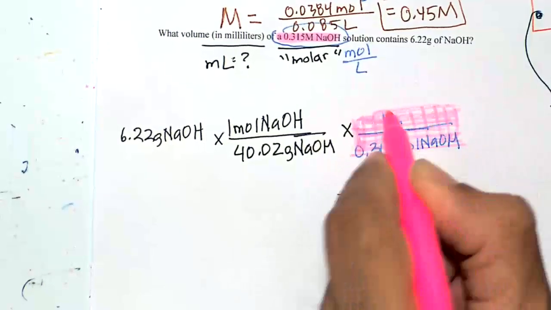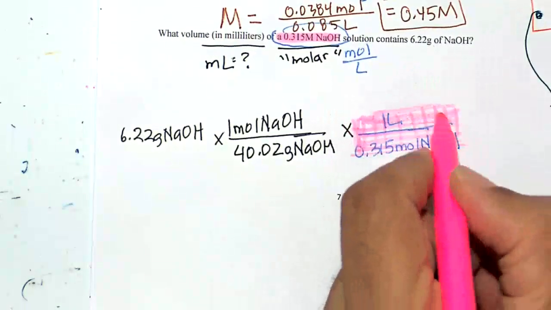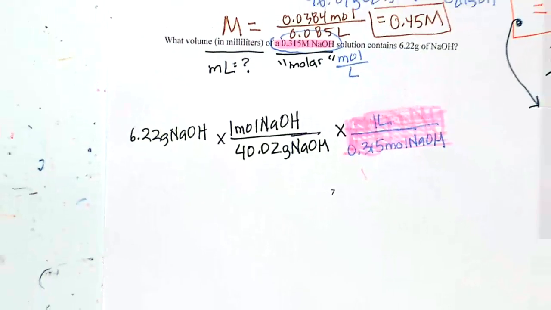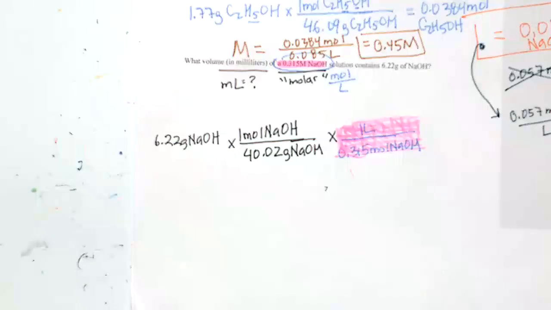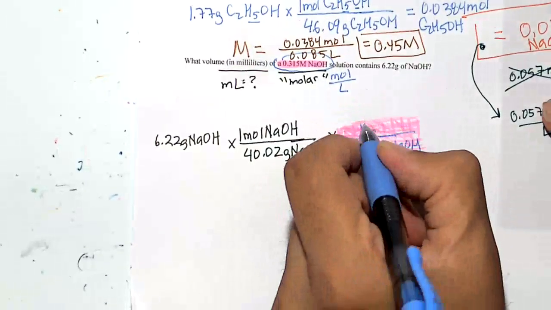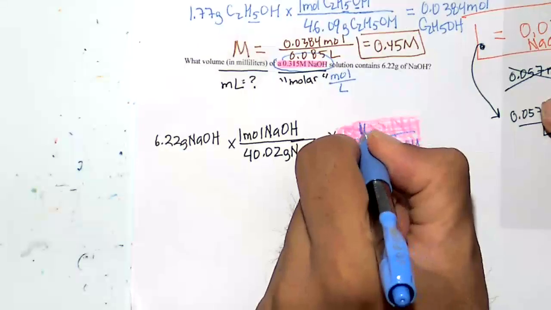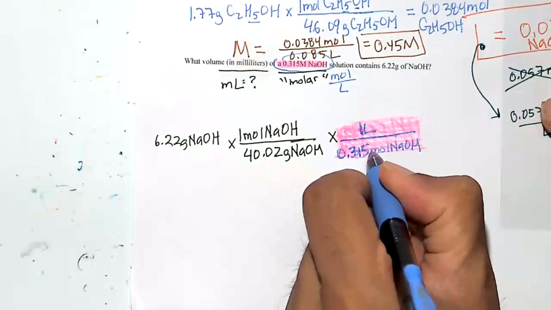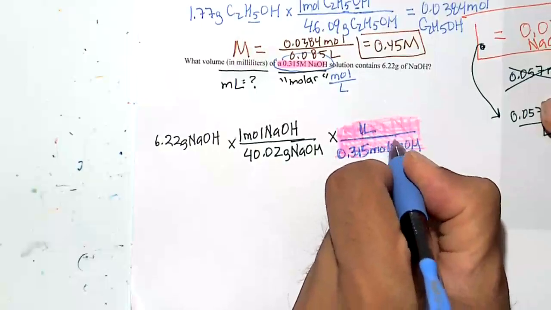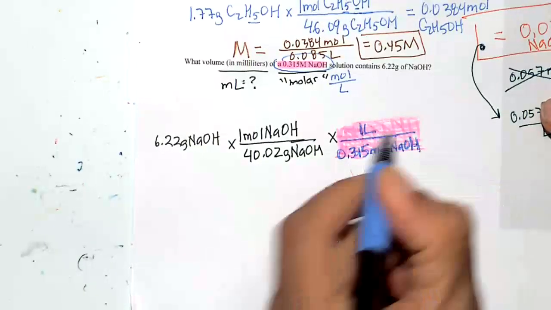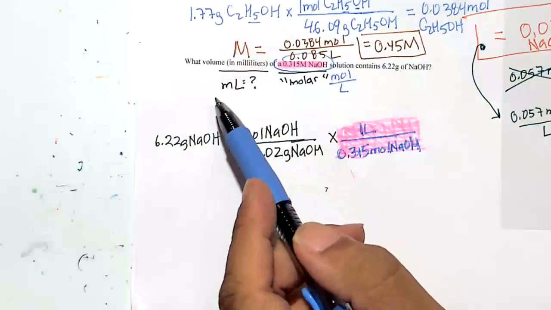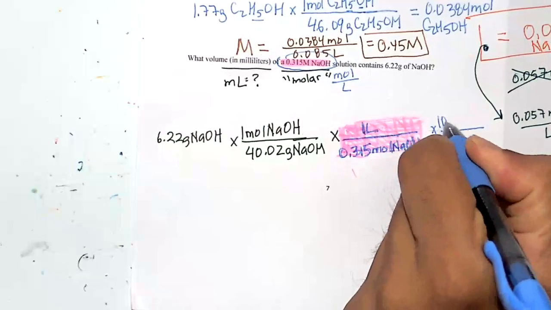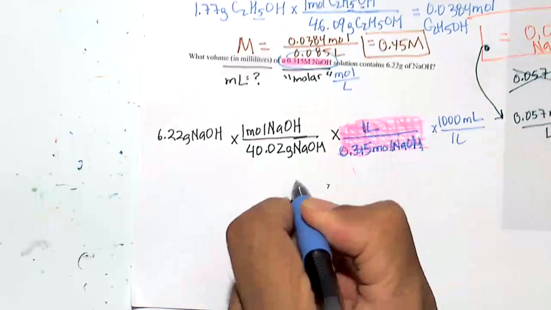All right. I just flipped it to cancel out the units. And then finally, how do I get this to milliliters? 1 liter is 1,000 mLs.